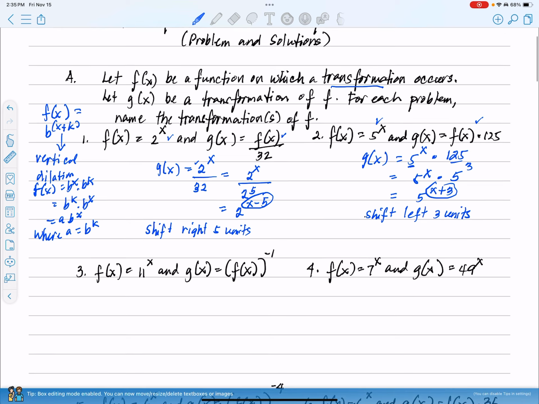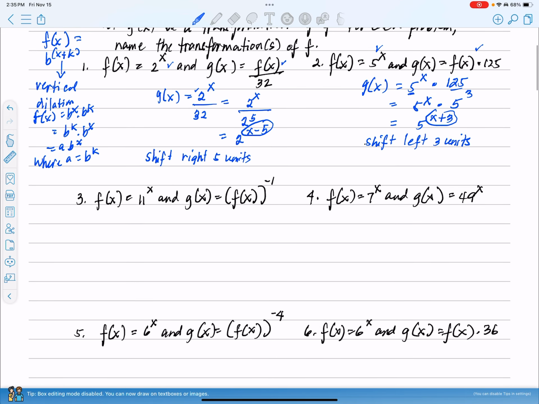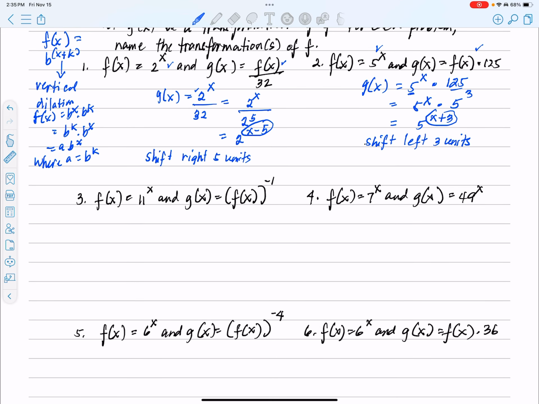Let's do number 3. Before doing that, please be reminded that the power property is there is a horizontal dilation on an exponential. That means we are doing something on the x values. It can be we are multiplying. That means there's a power to a power.